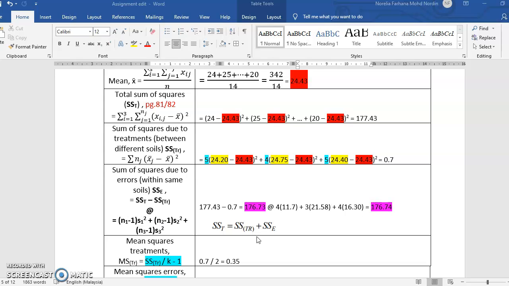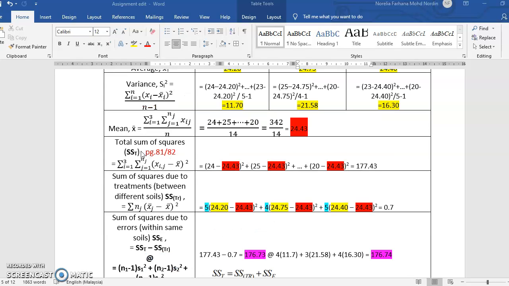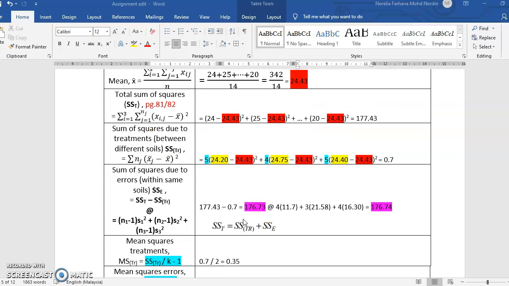For the first formula, the total sum of squares we calculated earlier, 177.43, equals the sum of squares treatment, 0.7, plus the sum of squares error, which we want to find. So just rearrange the formula. Moving it to the left becomes minus. So 177.43 minus 0.7, we get 176.73.